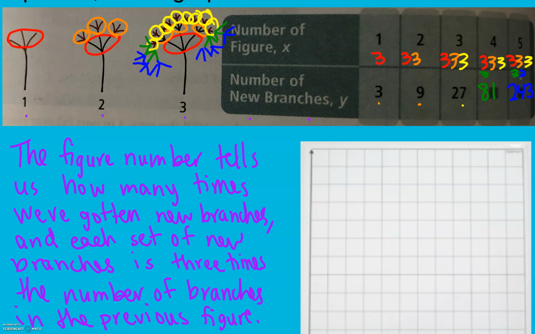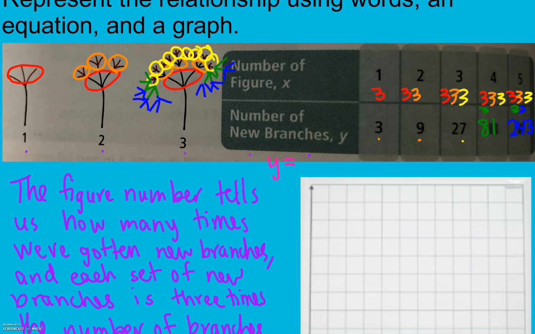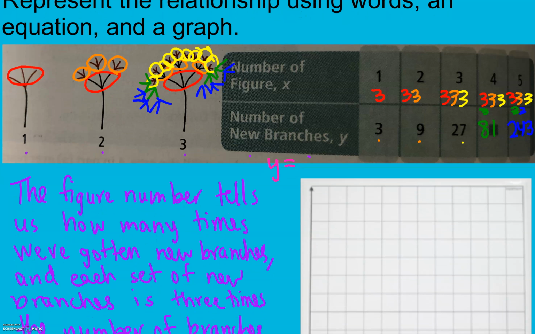So if we look here, the thing that stays the same every time as far as our equation goes, our number of new branches equals, is the 3. The number that's being multiplied times itself. Okay, that's the part that stays the same, our base. The part that changes every time is our number of 3s. So here, 3 was multiplied once.